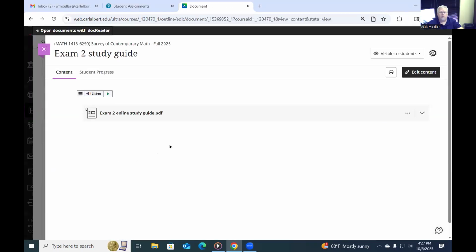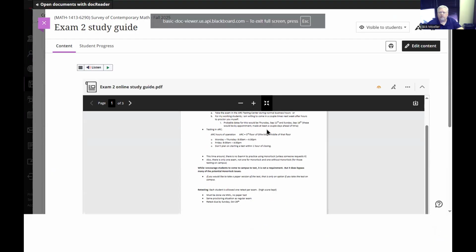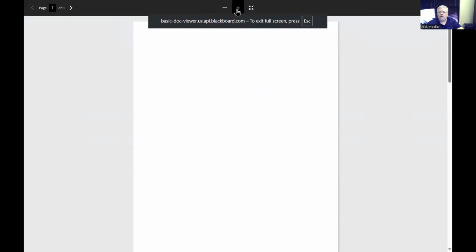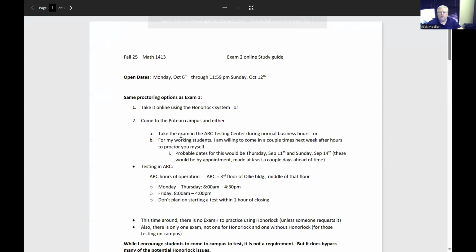And so this one was just like the first one. The first couple of pages have all the dates and stuff. All the proctoring is just like you did the first test. Most of you are probably taking it home, so that means you're using HonorLock. Some of you are coming to campus.